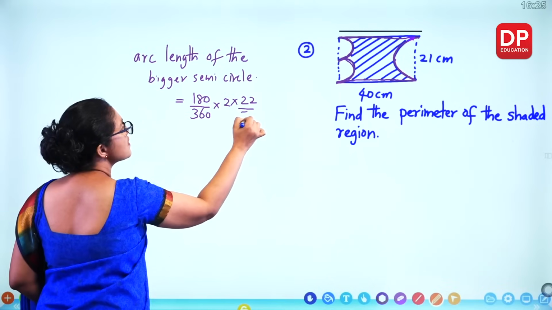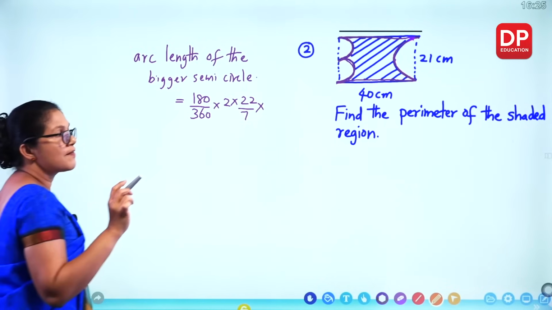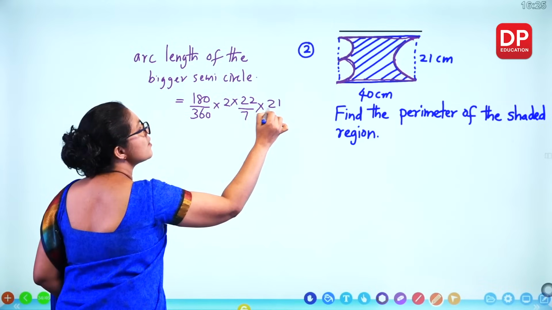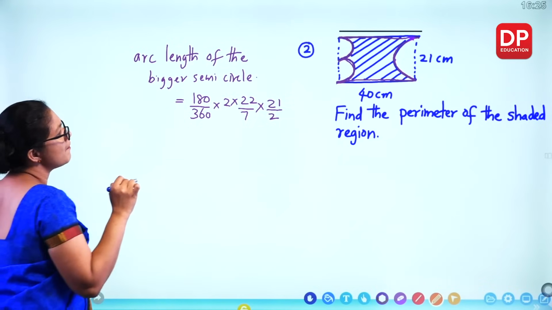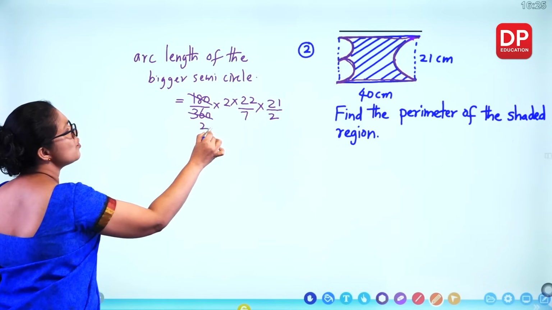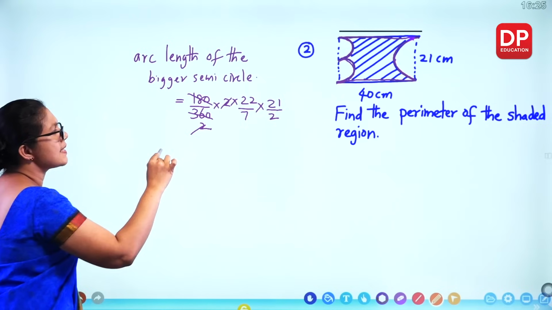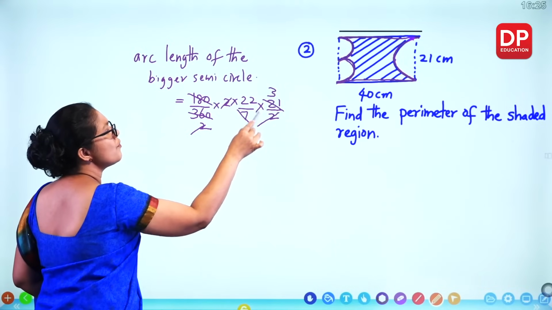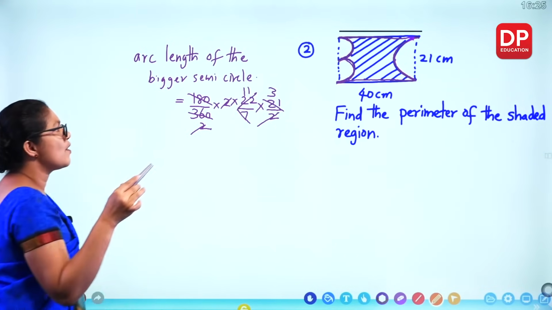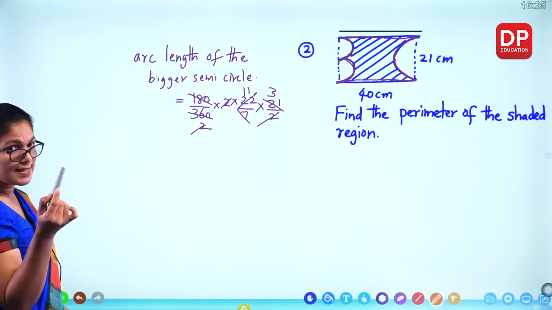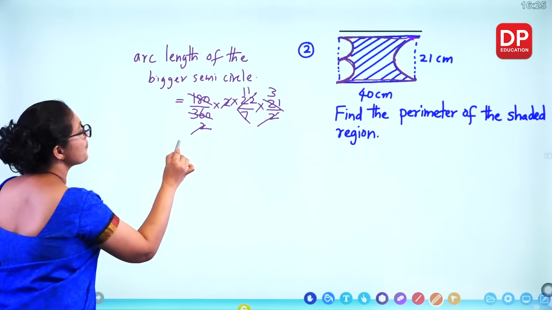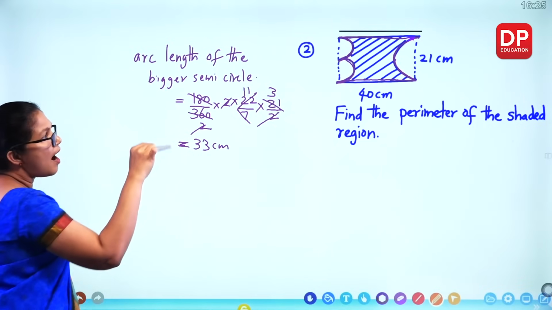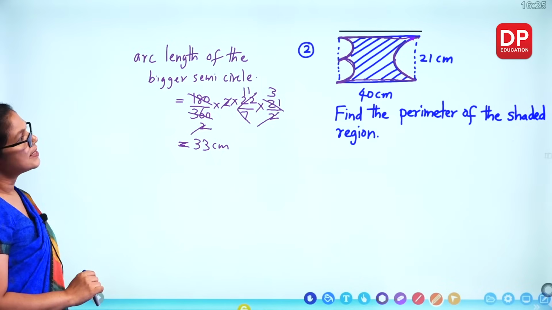Pi is 22 over 7. r is 21 divided by 2 because diameter is given 21. So 21 over 2. So simplify this. 180 over 360 is 1 over 2. This 2 and this 2 get cancelled out. This 7 and this 21, you get 3. And here 2 with this 22 gets cancelled out and you get 11. So what's the answer? 11 times 3, you get 33. So 33 is the arc length of the bigger semicircle.